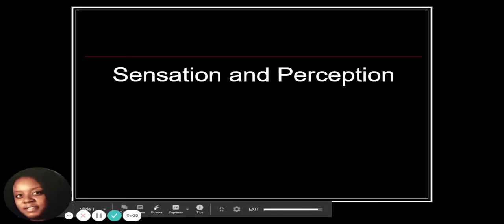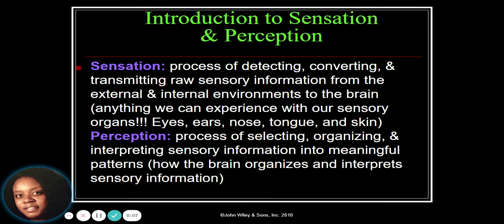Sensation and perception. This unit is all about how we take in information through our senses and how we make sense of what that information is in our mind. By definition, a sensation is how we detect, convert, and transmit raw sensory information from our senses, our seeing, smelling, touching, tasting, hearing, feeling, to the brain.